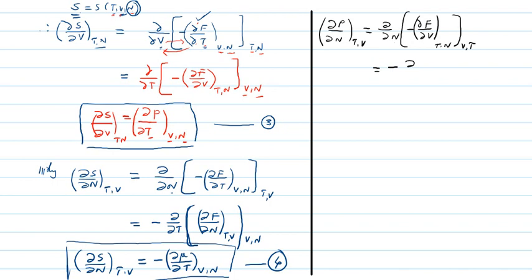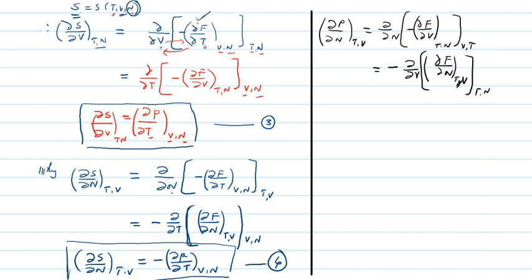So it will be equal to dou by dou V of dou F by dou N with respect to T and V, and finally with respect to T and N. And dou F by dou N at constant T and V is nothing but mu.